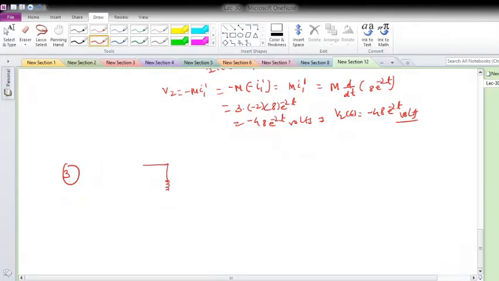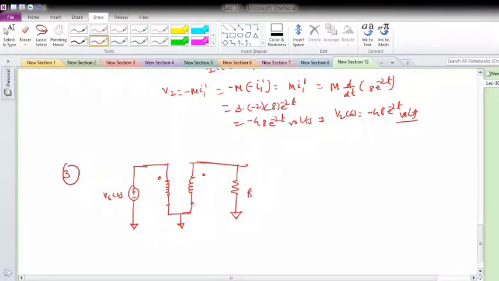They are coupled like this, dots are marked this way, then it is connected with source voltage plus minus, say Vs(t), then to this it is connected to a resistor R. And this is my V2(t).